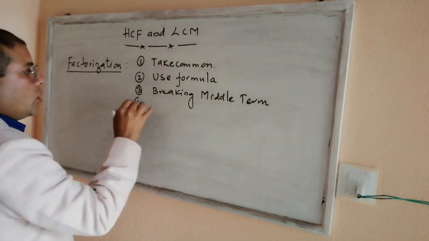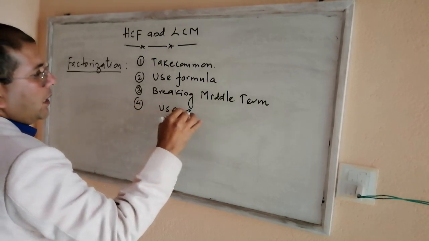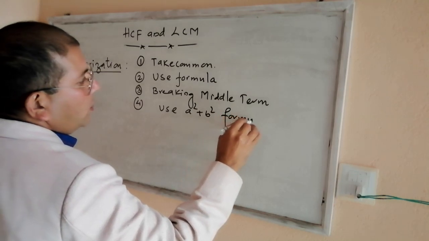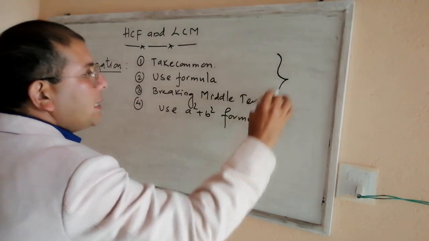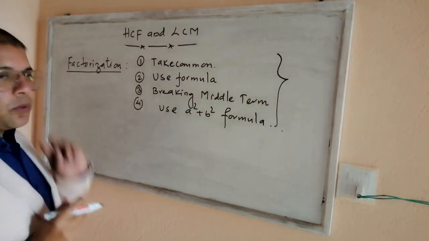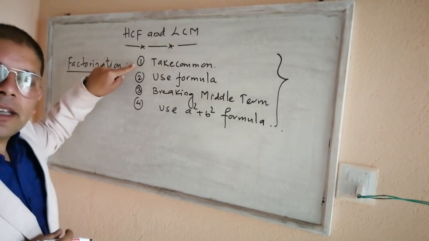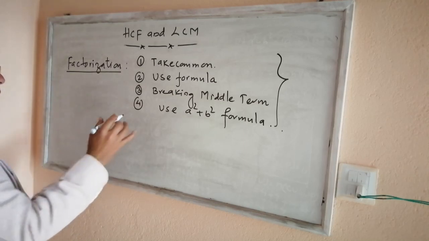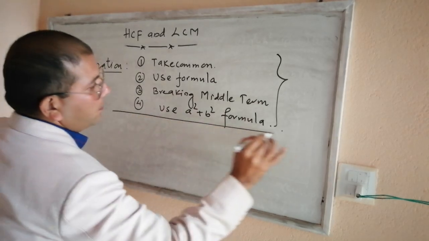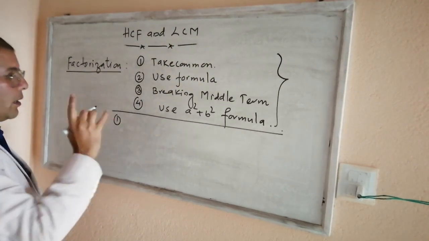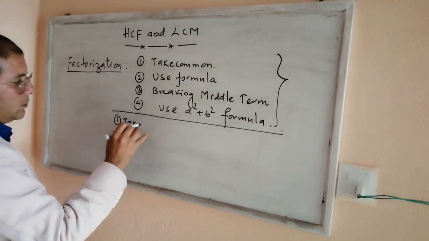Number four, use a square plus b square formula. These are the basic methods to do factorization. Now I want to start with take common. Number one, the first method, take common.